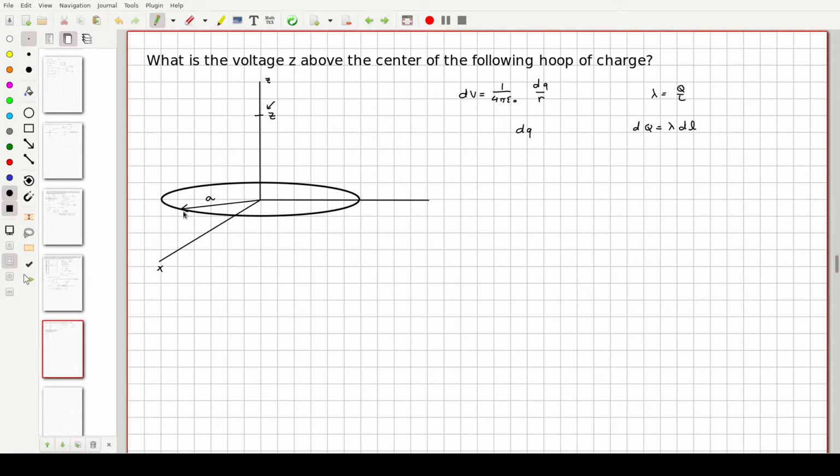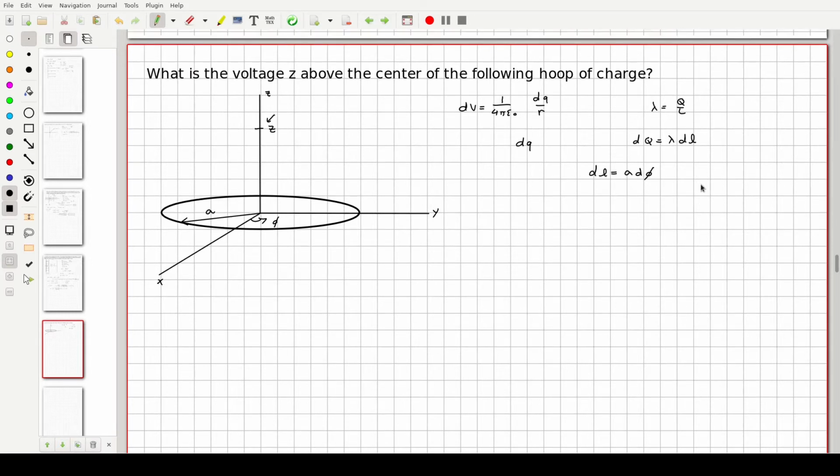And dl here is just along the circumference, it's an arc length. As drawn, using a radius of a for our hoop, dl is just going to be a times d phi, with phi being the angle between x and y. All right, so phi goes around that way.